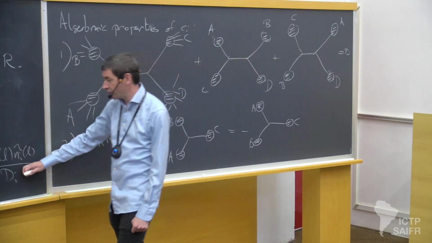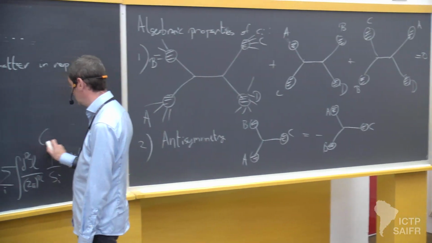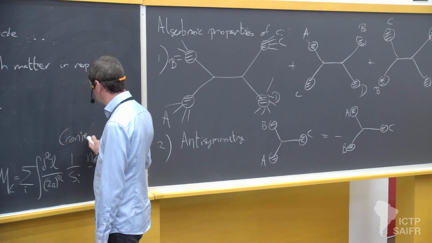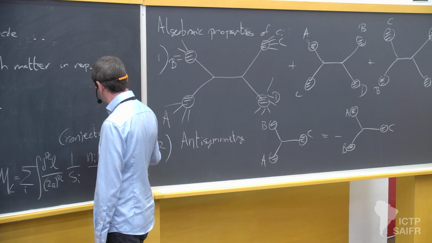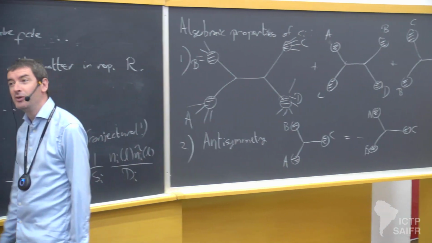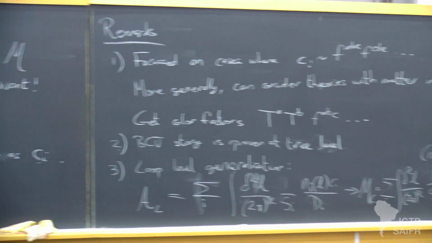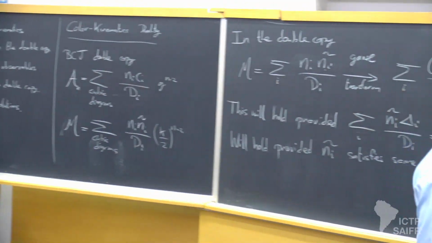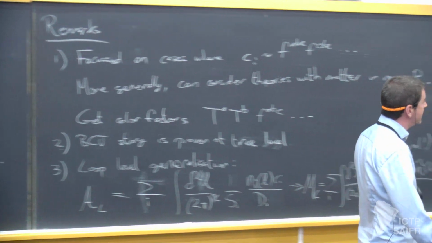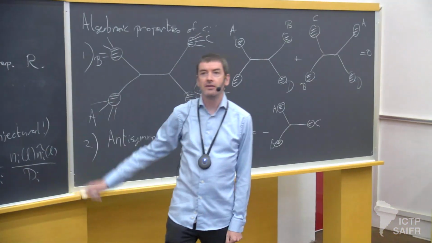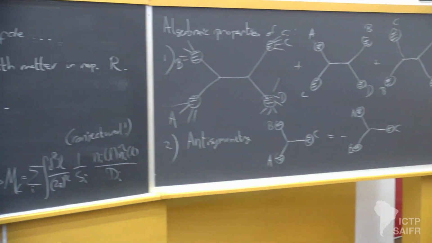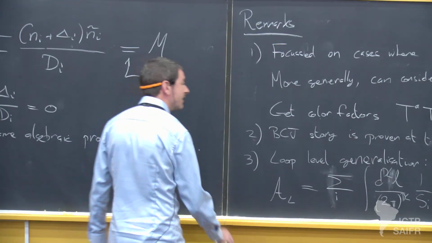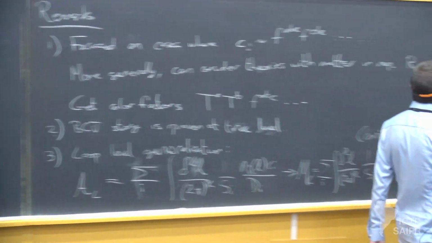It makes things harder. This is conjectural. Personally, I think it's certainly true, but maybe I'm an optimist. Anyways, this is certainly a good idea, and Zvi and Radu and folks have used this at high loop orders. You can direct your questions about that to them. I've gone no higher than 2 loops.